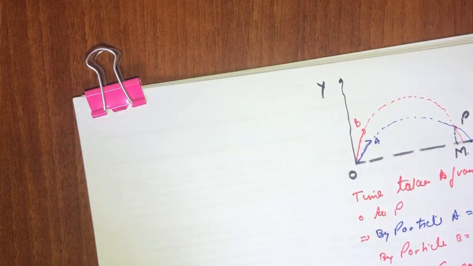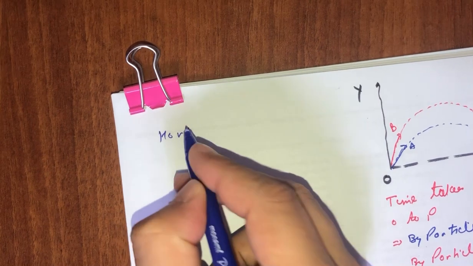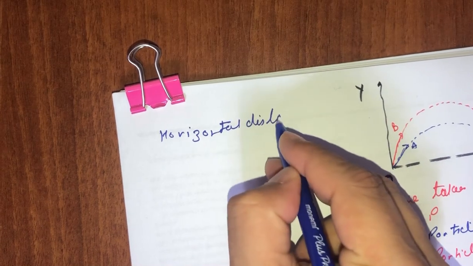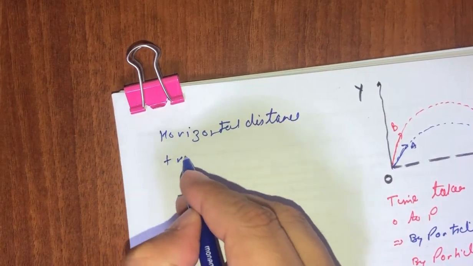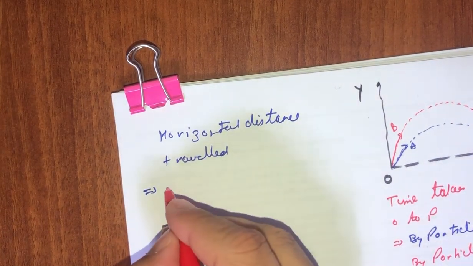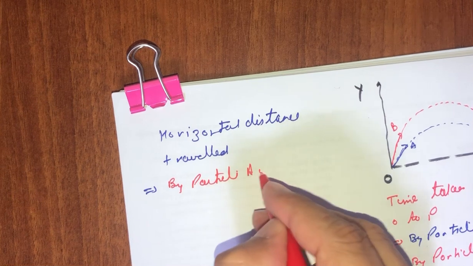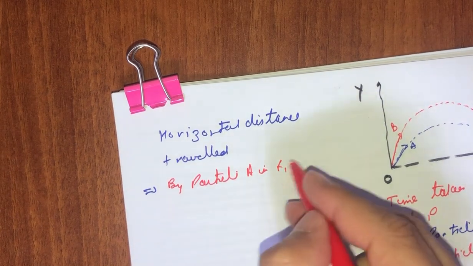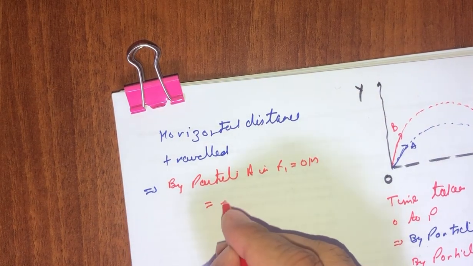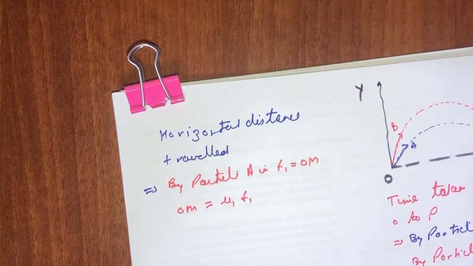So the horizontal distance traveled by particle A in time t1 is OM, which is given as the horizontal velocity, that is u1 multiplied by t1. It means OM is equal to u1 t1.